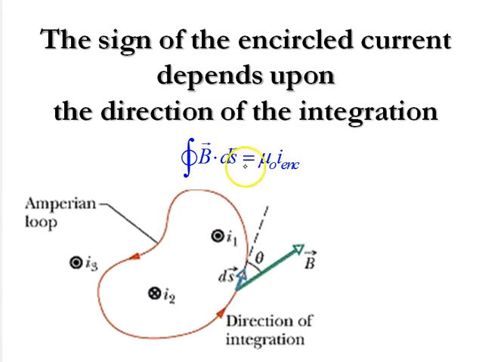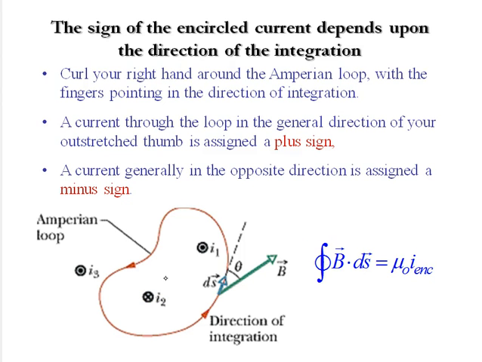We need a law, of course, to say how that direction of integration relates to whether a current is flowing, in this case, out of the page at us or into the page away from us. The law here is, again, another right-hand rule. We'll curl our right hand around the Amperian loop with our fingers pointing in the direction of integration.